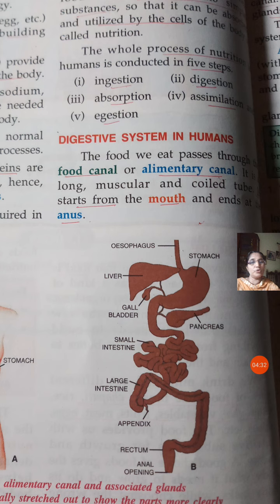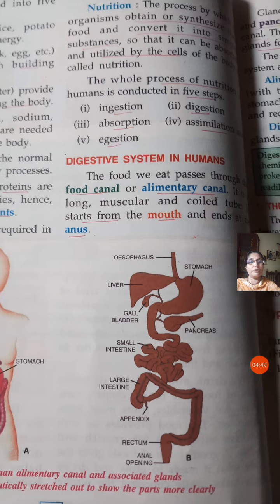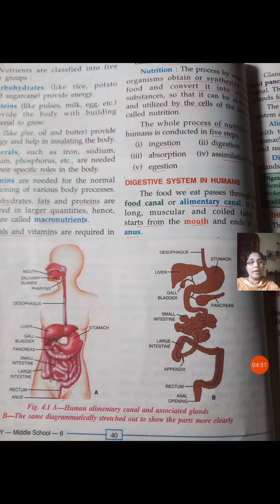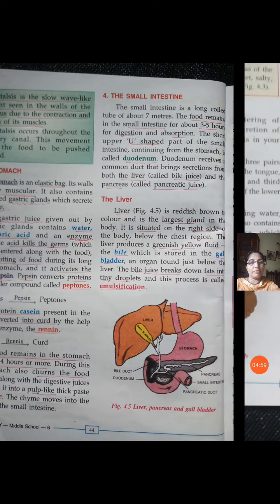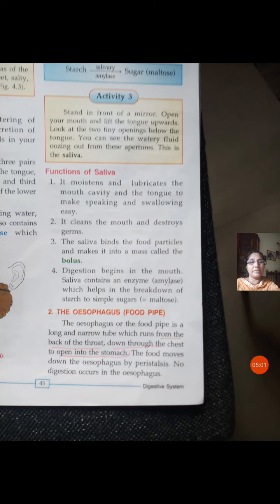Through this tube, the food is pushed forward by the particular movement known as peristalsis. Without our will, our brain is pushing the food forward through this coiled tube. It is a wonderful thing. Our body is a wonderful machine. The digestion takes place in this alimentary canal.